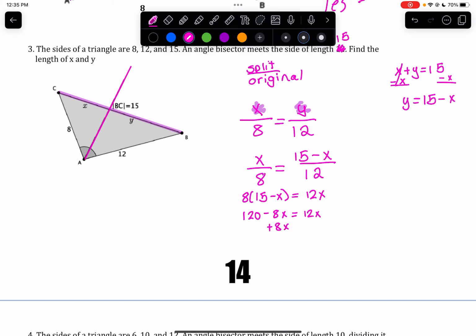Move the variable over. So now we have 120 equals 20x. Divide by 20. We get x is equal to 6. So if x is equal to 6, then y is equal to 15 minus 6, which is 9.